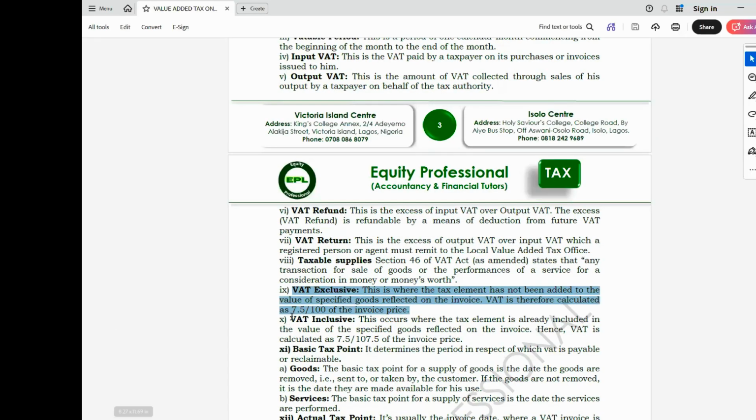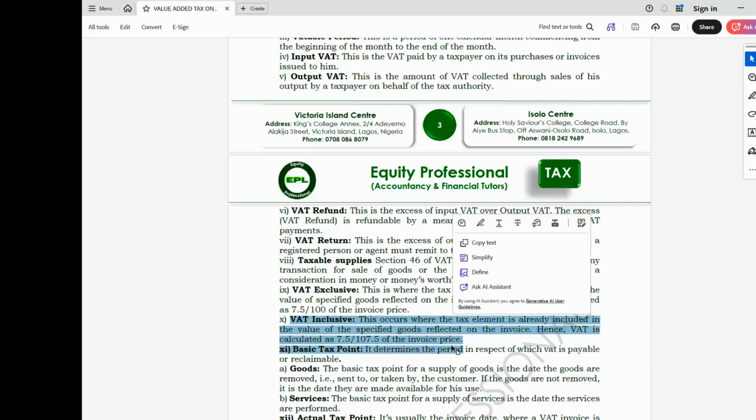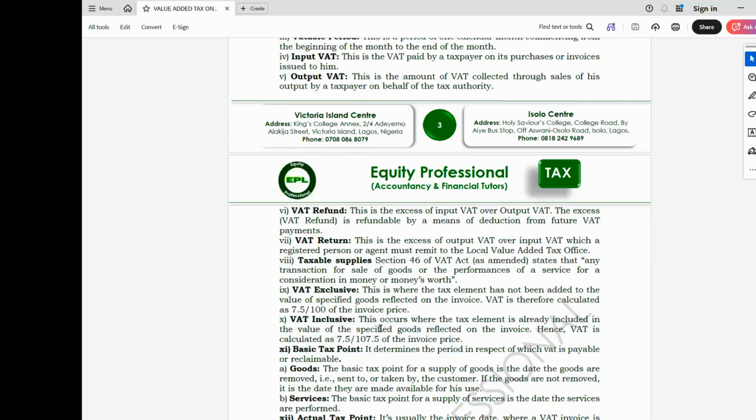Then you can also have VAT inclusive. Inclusive means that it is included. So when they say VAT inclusive, that means the amount of the value added tax is included in the figure provided by the examiner.